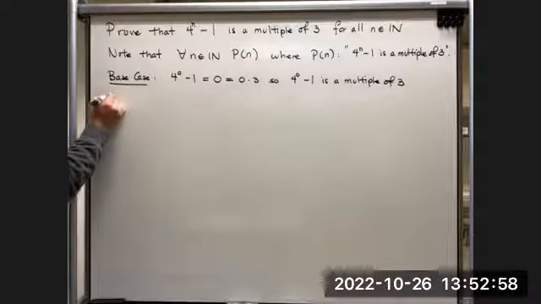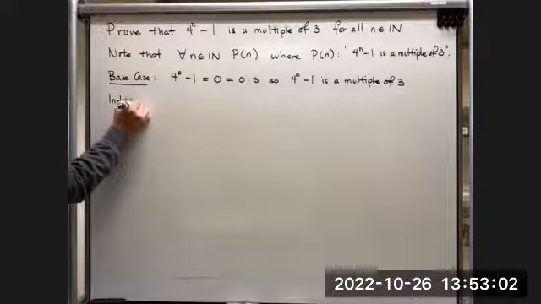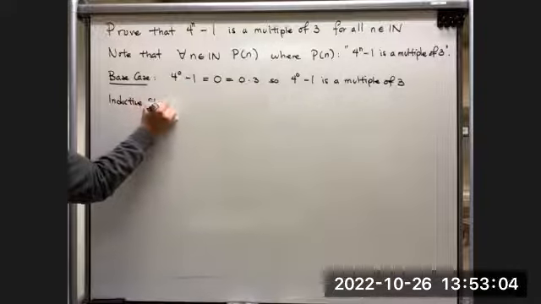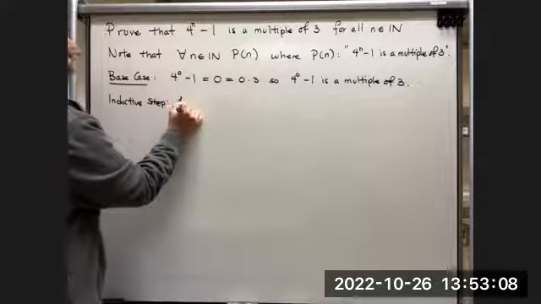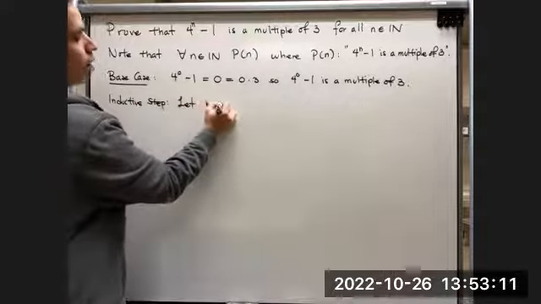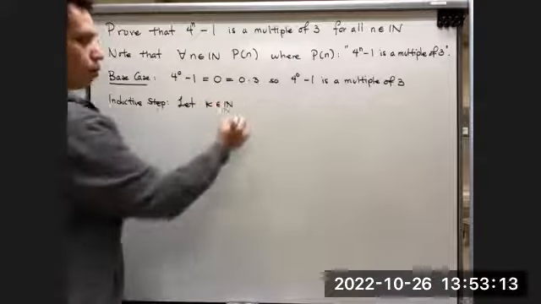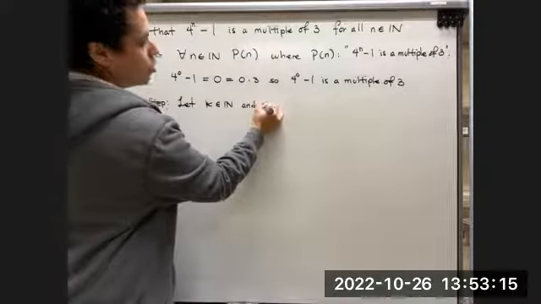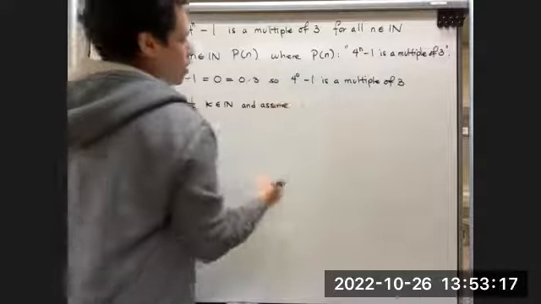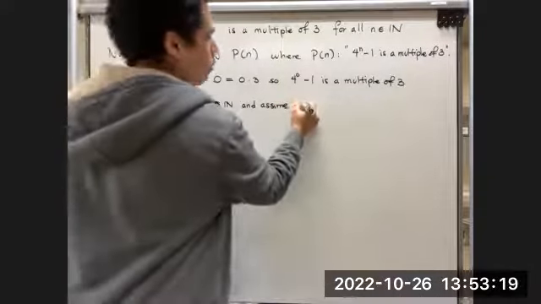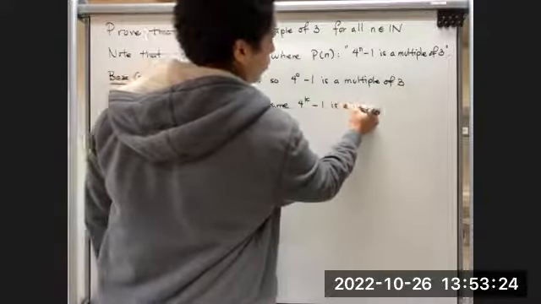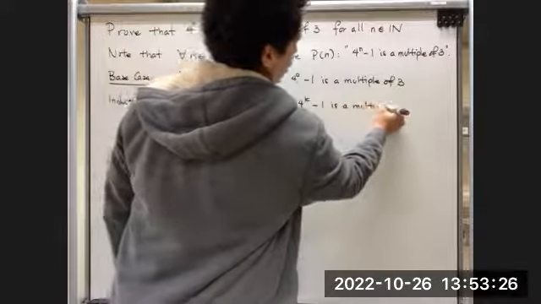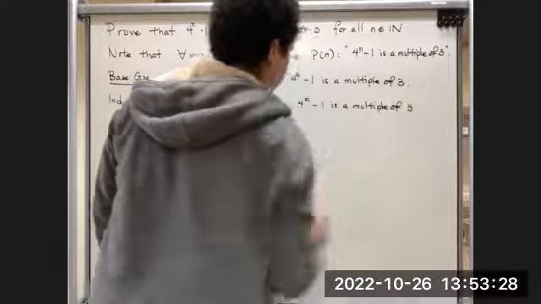To look for the second part, which is the inductive step, we would do something along these lines. So let K be some natural number and assume that 4 to the power of K minus 1 is a multiple of 3.